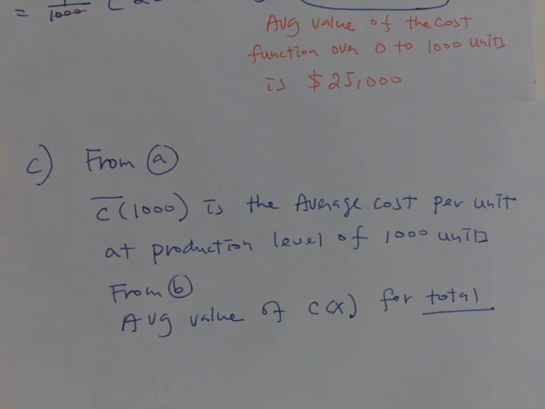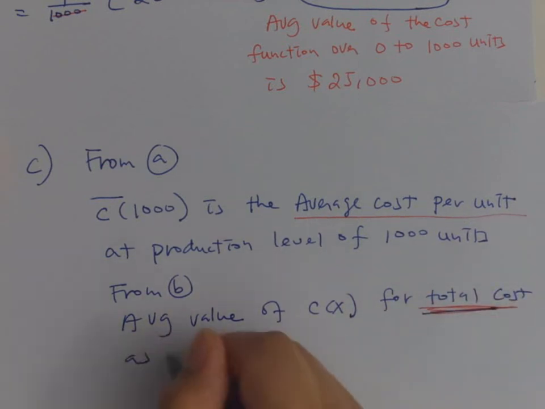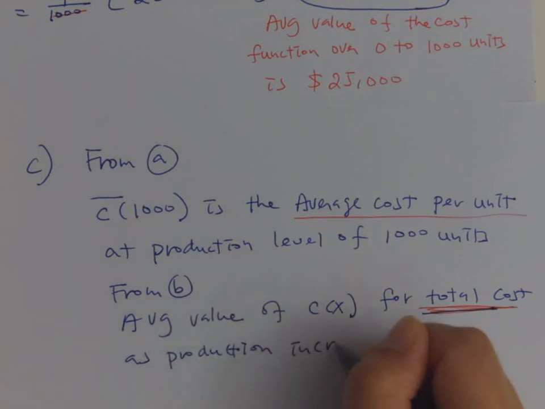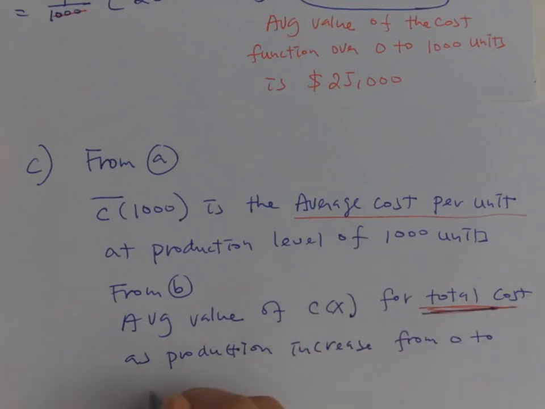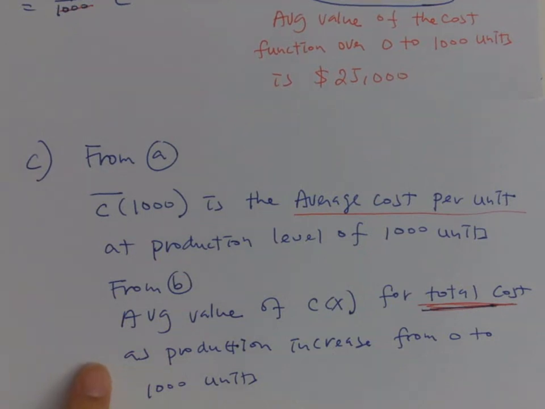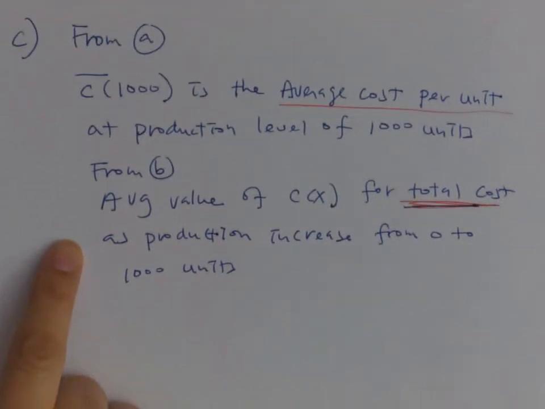This one is average cost per unit, this is total cost as production increases from 0 to 1,000 units. So one is cost per unit for the average cost, and the average value means the total cost for the production between 0 to 1,000 units. So alright.